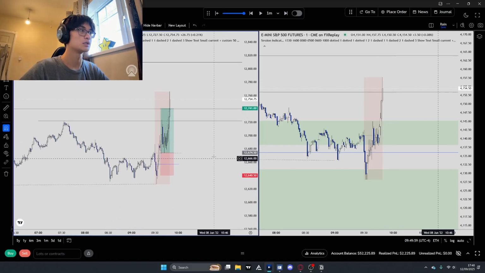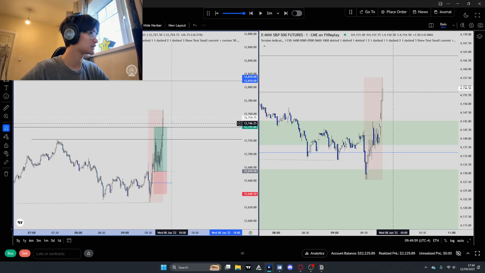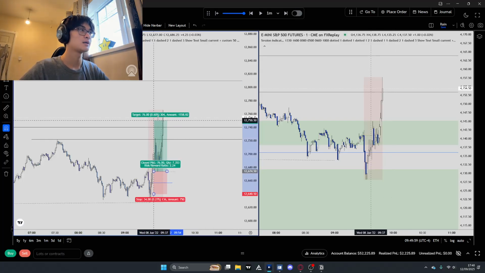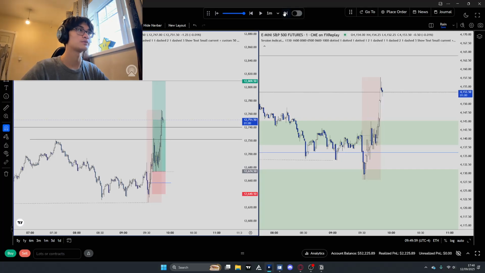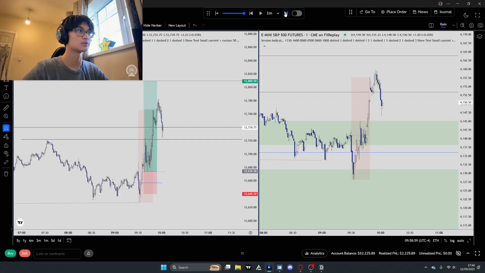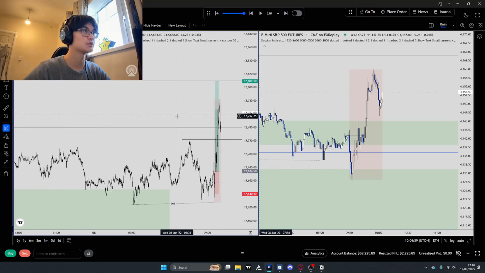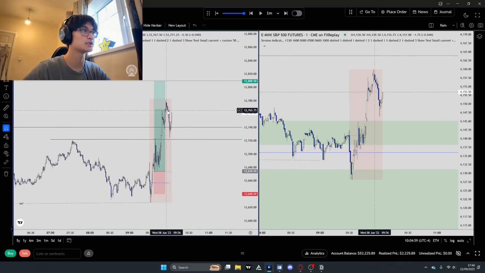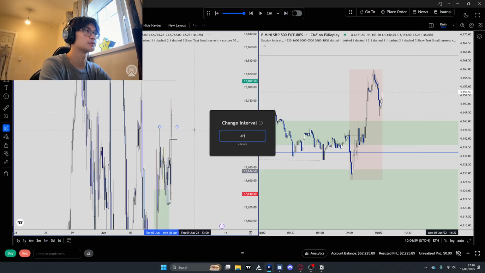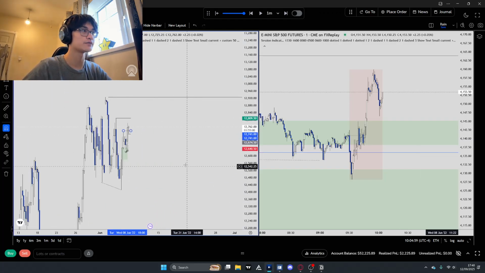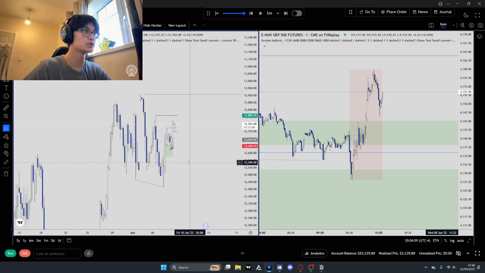for 1 to 1.96. Could have gotten 3.97. It looks like it does want to go to that high. We actually form a model here, but trash internal. Actually, this would be considered a resweep, so this would be internal inversion. However, high time frame is just bullish.